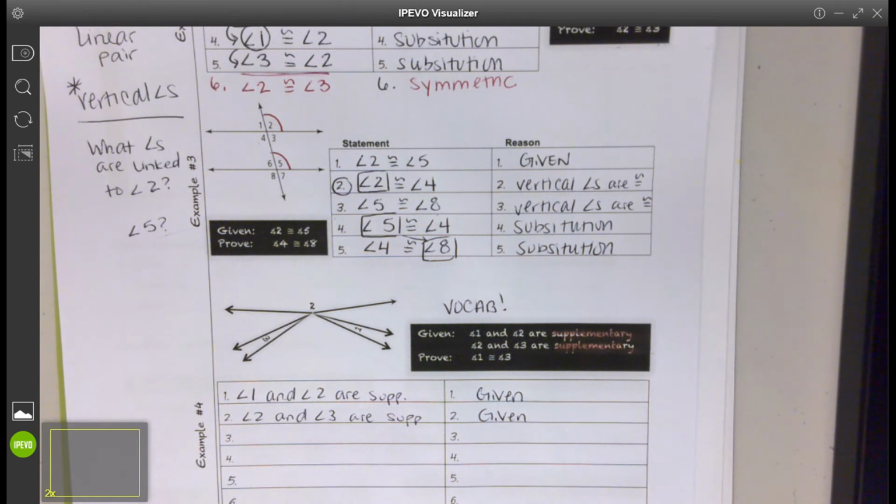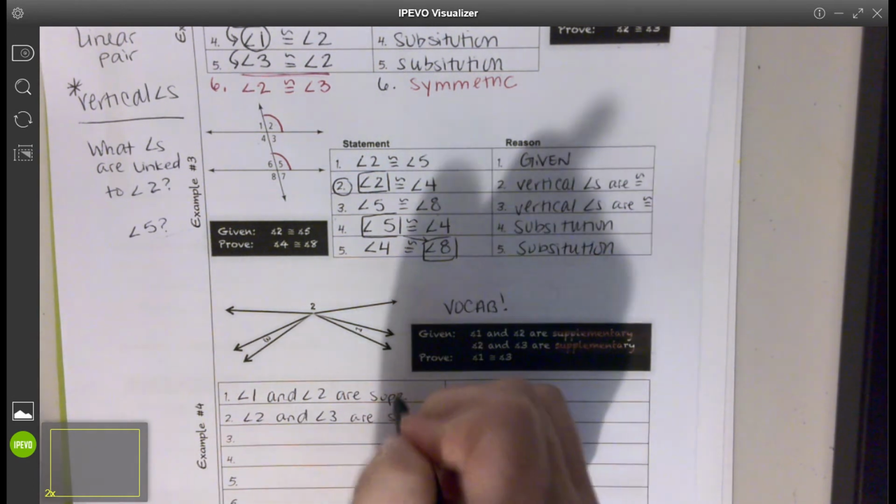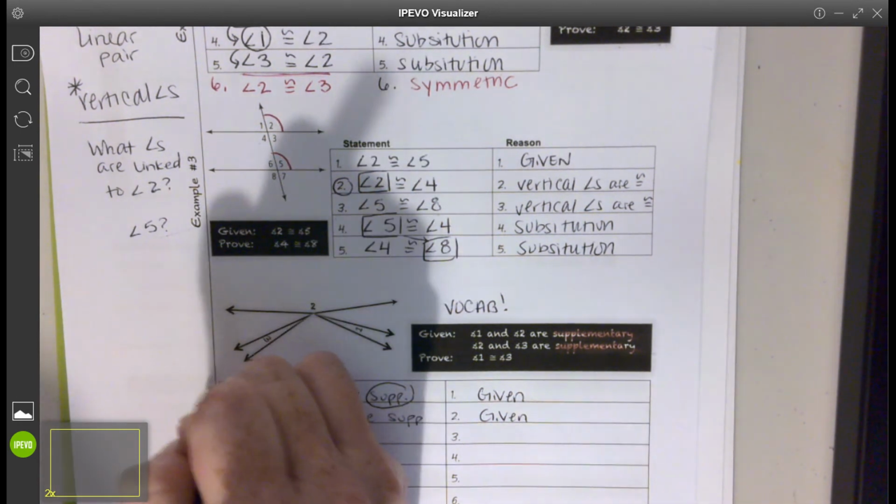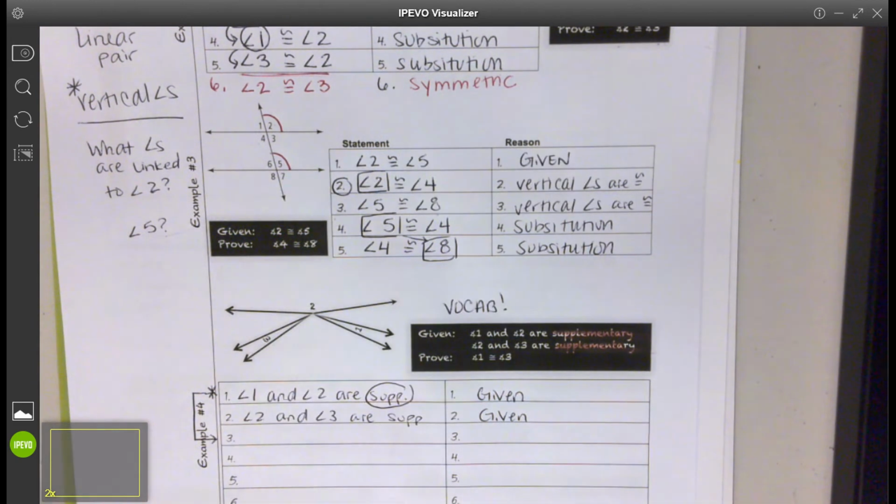All right, so now what we're going to do is understand that key term. What does supplementary mean? Supplementary means that my two angles equal 180 degrees. That means I can actually write an equation. So line 1 is going to help me write line 3.